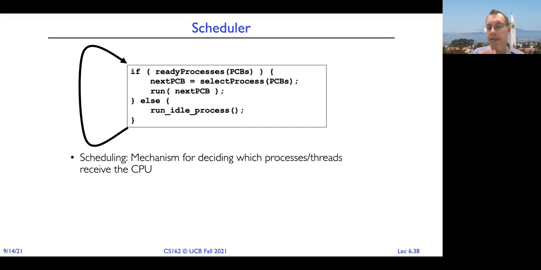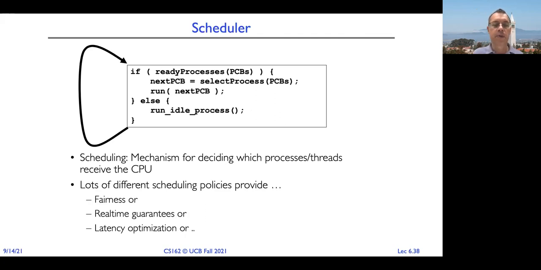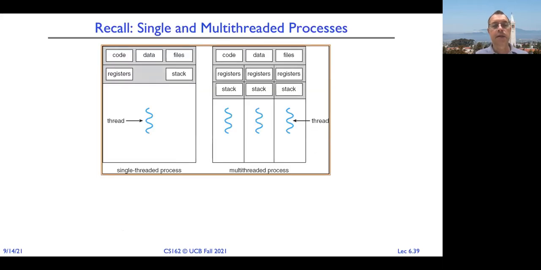So, like I mentioned, scheduling is a mechanism for deciding which process or thread to run on the CPU. There are lots of different scheduling policies. There are tens of thousands of papers on scheduling policies because there are different properties you want to enforce: maybe fairness between different applications or processes, real-time guarantees, latency optimizations, and things like that.